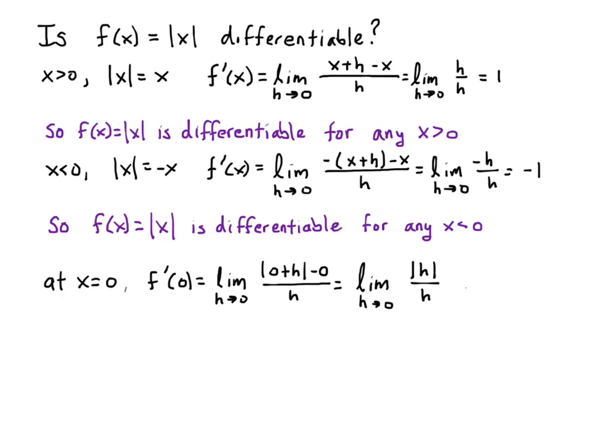But in fact, the limit exists when it comes from the negative side as well. And so we have to look at h going to 0 from the negative side and then h going to 0 from the positive side, and we find that the two limits are different.